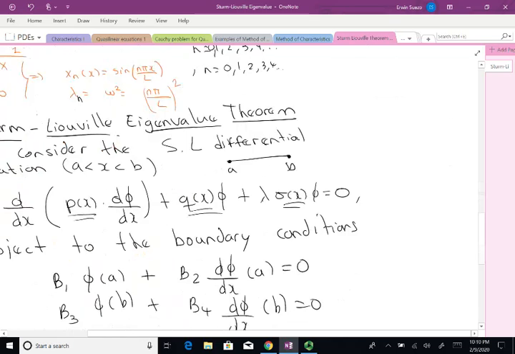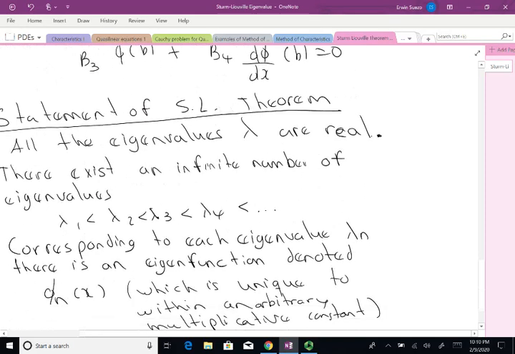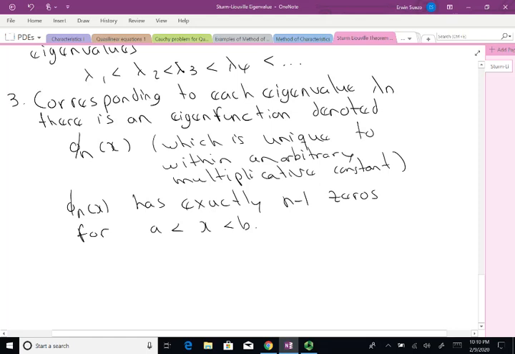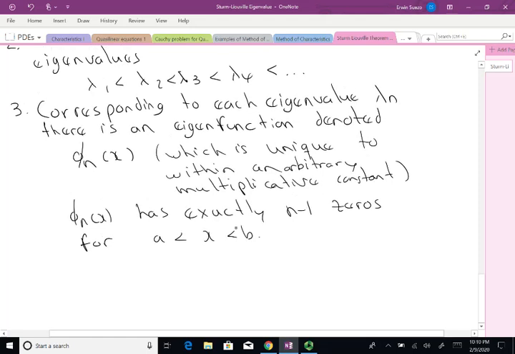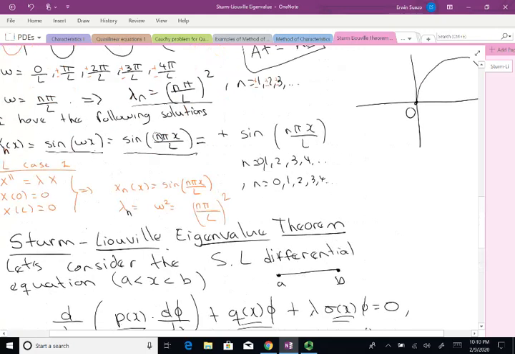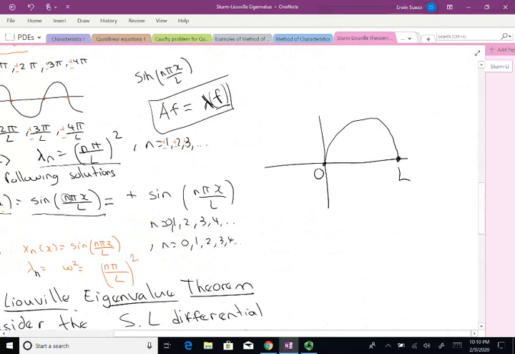That means I have no zeros, because for the first one, 1 minus 1 is 0, so I don't have an x intersection. So that should be my first one, right?